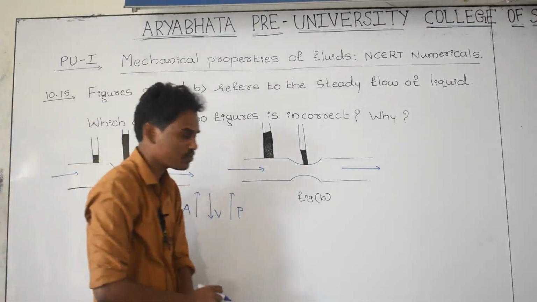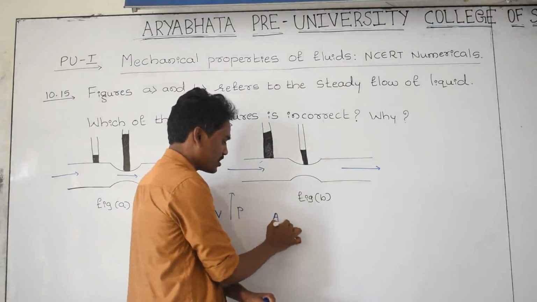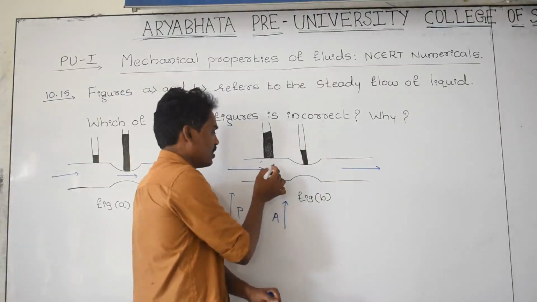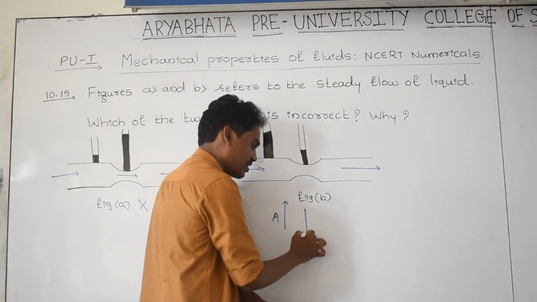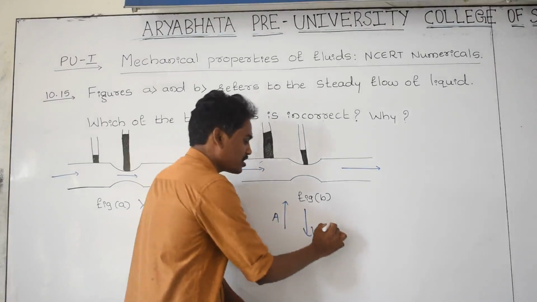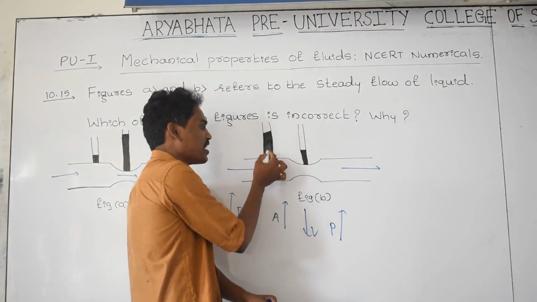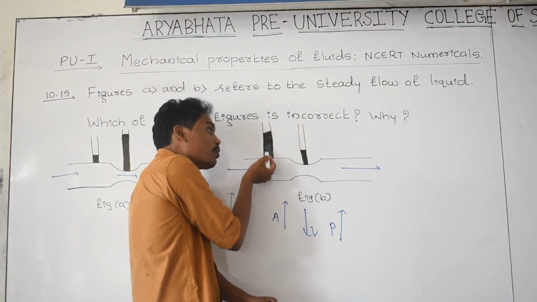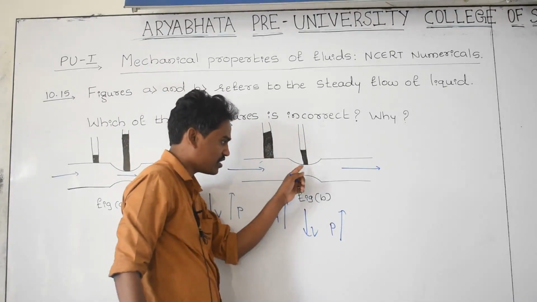But coming to this one, more is the area, yes, lesser is the speed of particles, yes, more is the pressure in this region. As a result, this mercury column has to rise more as compared with this mercury. Here in this region, this is a constriction.